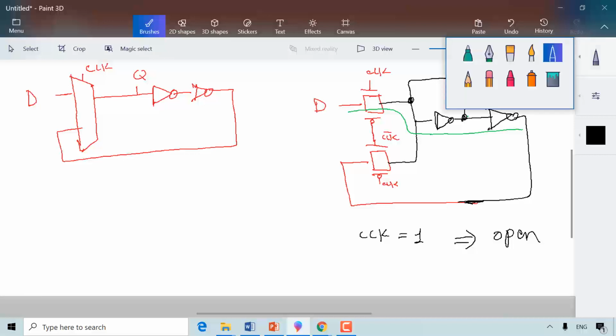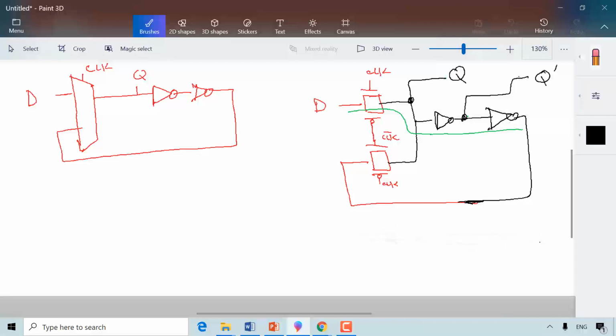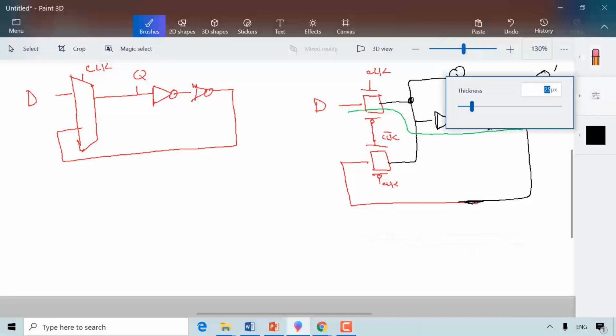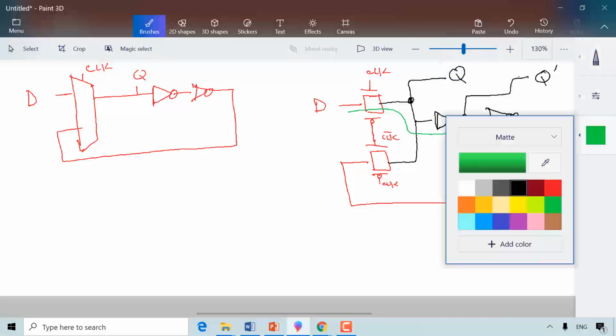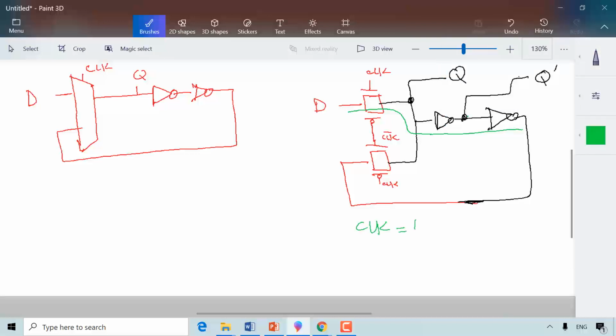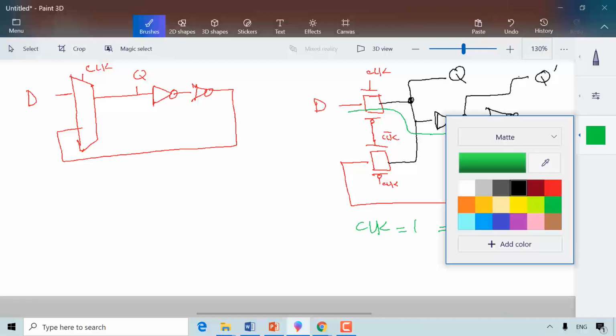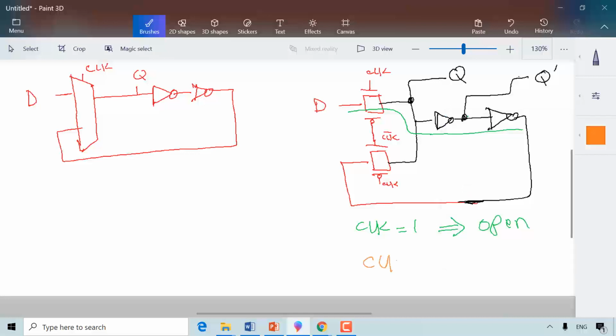If I might use the eraser here a little bit, I want to indicate with the green: the green indicates when the clock equals 1, then the latch is open or transparent. How about if I use the brown color here, light brown, when the clock equals 0, so it is closed, which means the data comes in here, goes in here, comes in here.